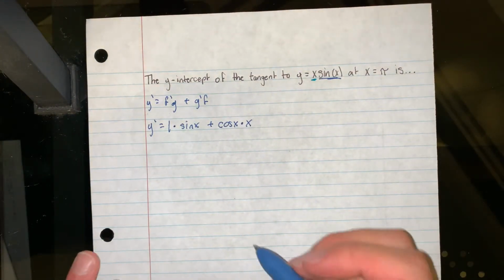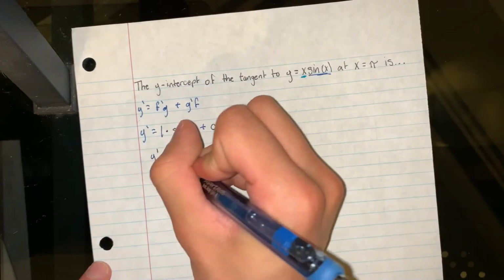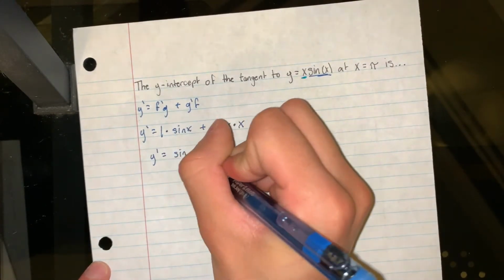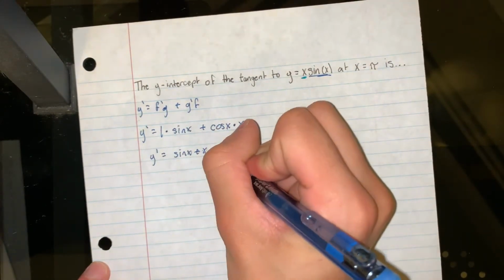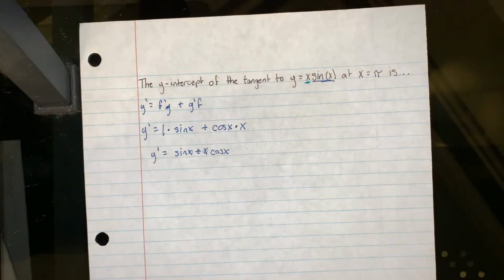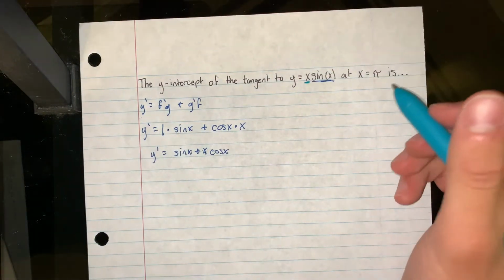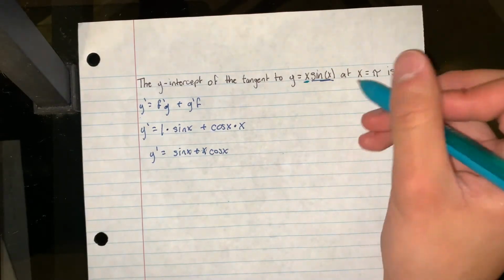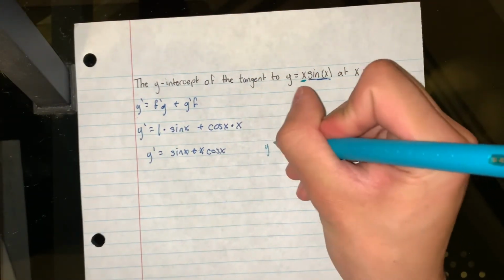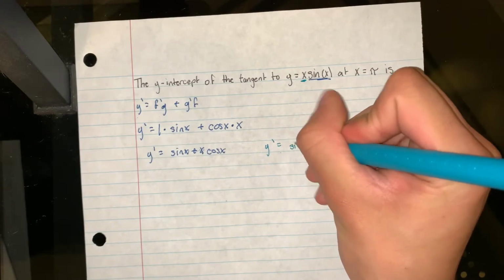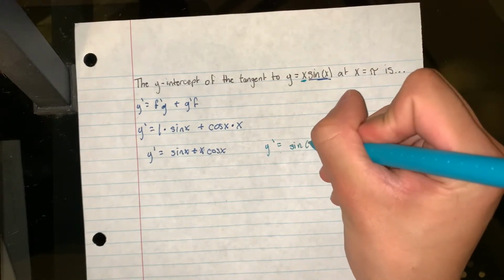So from here, we can just condense it to y prime is sine x plus x cosine x. After you do that, you want to know what the intercept is, so we plug in pi for all the x's.